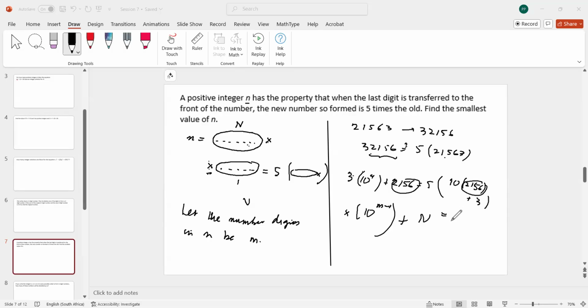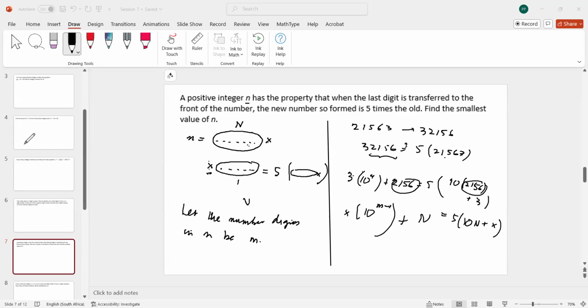That is equal to 5 into 10 times n plus 3, plus x. This number here is 10. You see, here it's only the last digit, so it's 10n plus x.